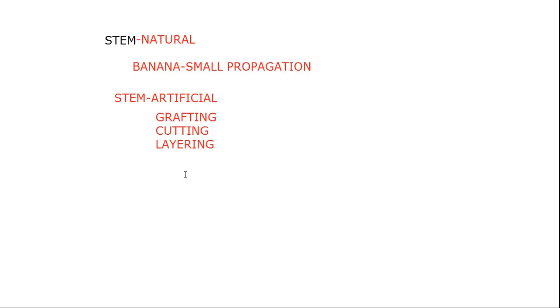That is what we are doing. We will cut the rose plant. For example, rose, jasmine, all these plants we will cut down and that will be planted separately and grow into a new plant. Similarly, in grafting and layering, we are doing this with the other plants, right?